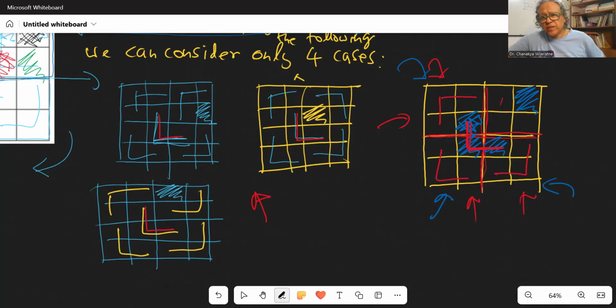But the important thing is that this strategy can be carried out even to an 8 by 8 deficient board. That's the next task.